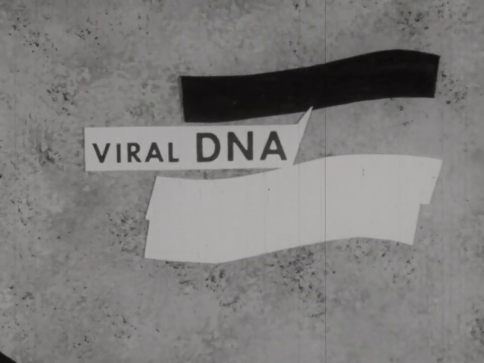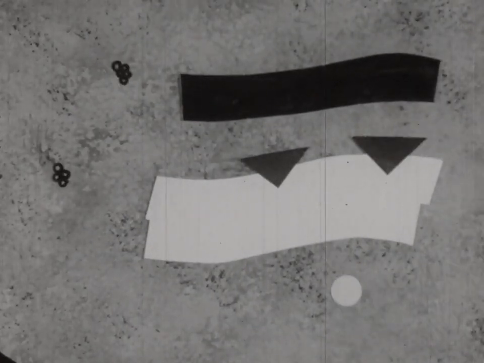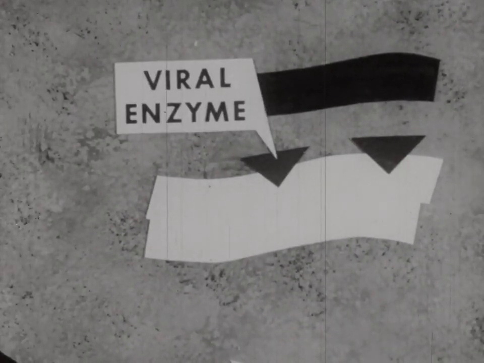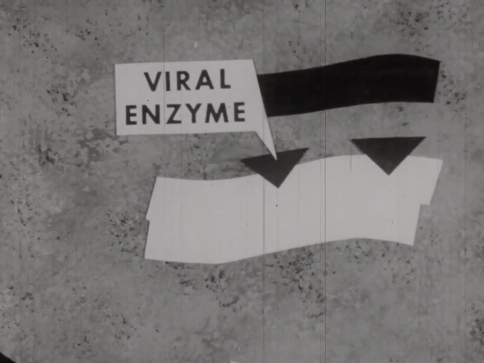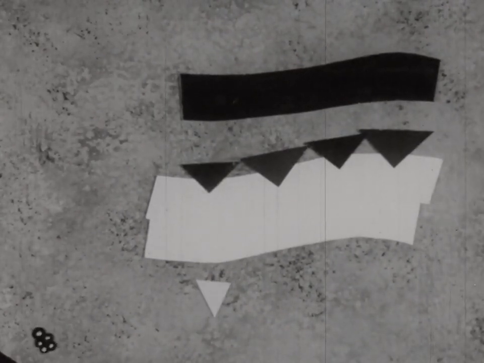Here's our cell with the virus attached. It injects its viral DNA, its genetic material. This DNA produces enzymes, and these enzymes destroy the bacterial DNA.